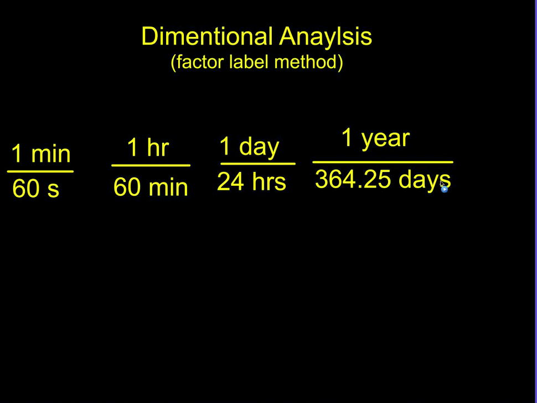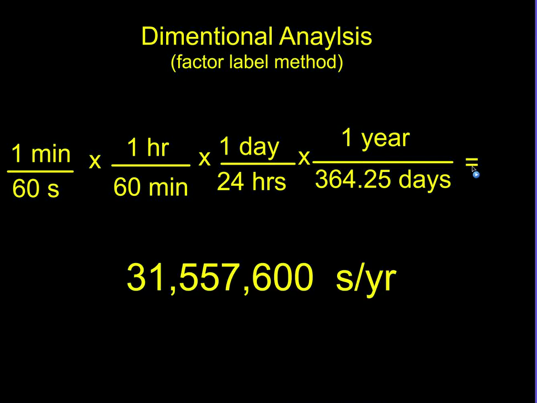So if we go through and look at all of these, and we multiply each one out, you're going to notice that we can actually cross out minutes here and here, hours here and here, day here and here. So we're left in years and seconds. Well, that big thing ends up to being 31,557,600 seconds per year. That's a pretty big number if you ask me.